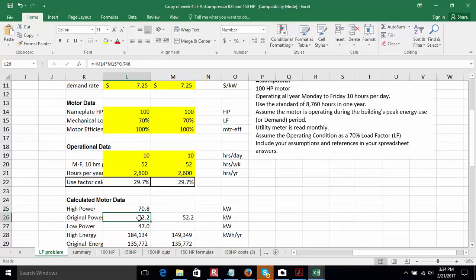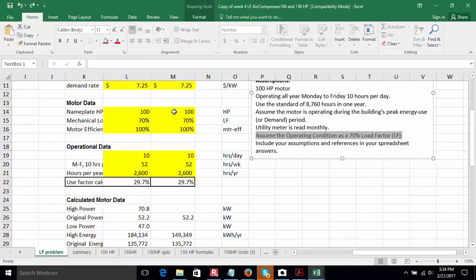So what we're looking at is the assumption that we're making is that it's only operating at 70%, and that's written right here. Assume the operating position is a 70% load factor.